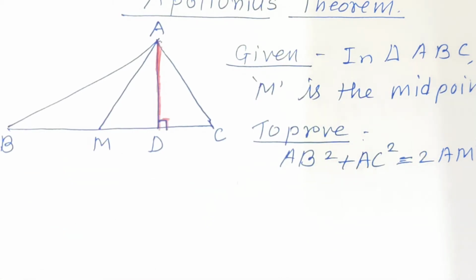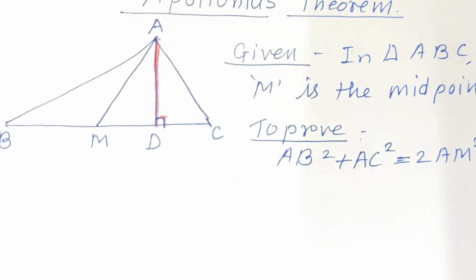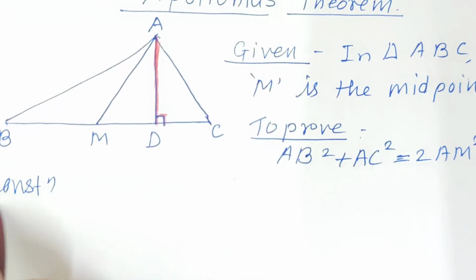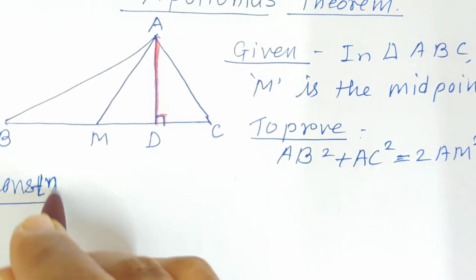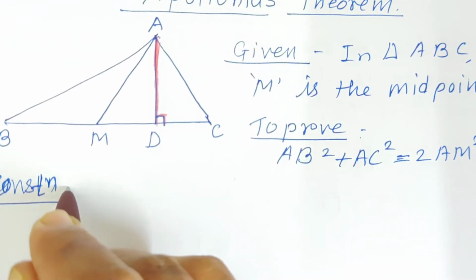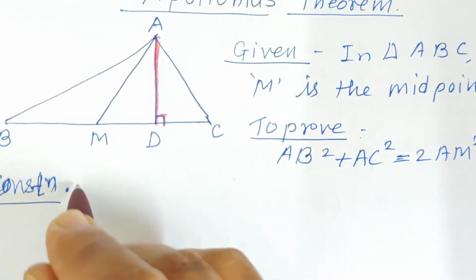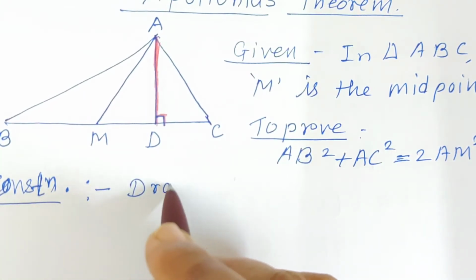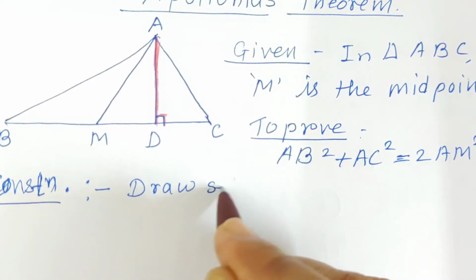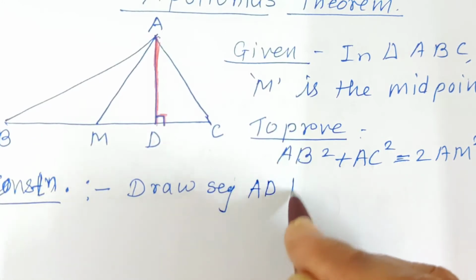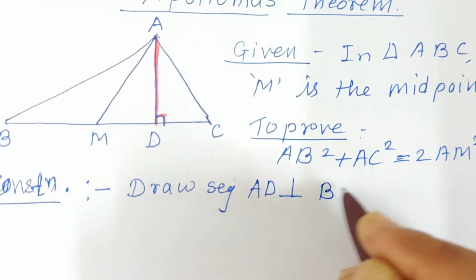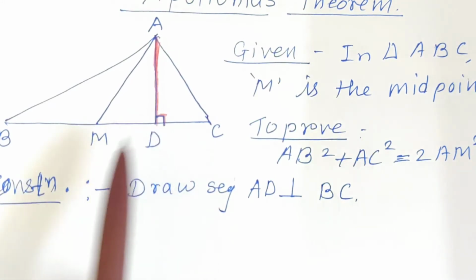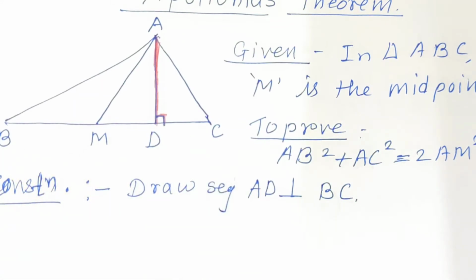This is the construction, so you can write it in the point of construction: construct the perpendicular AD to the side BC.